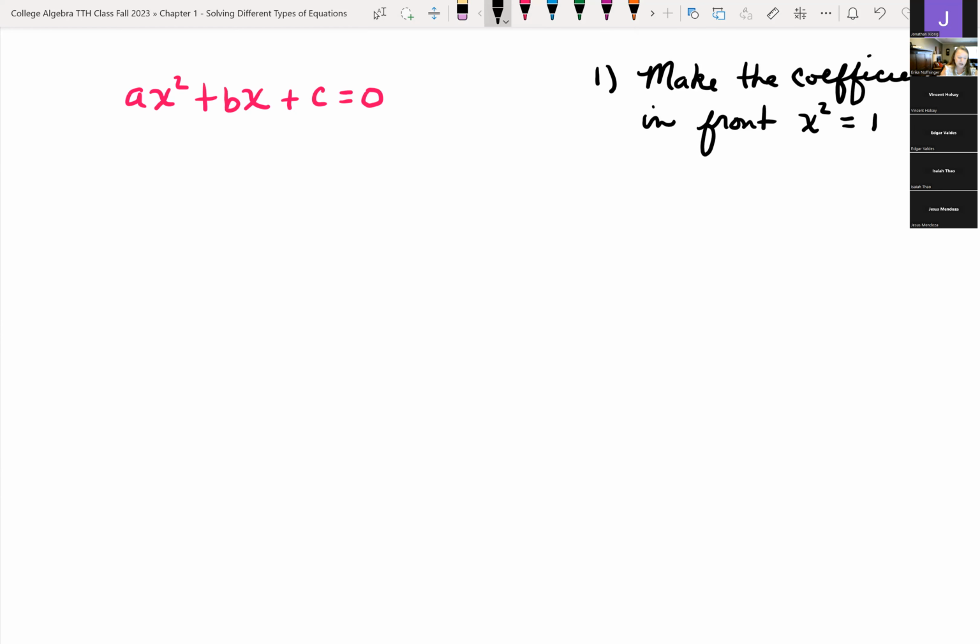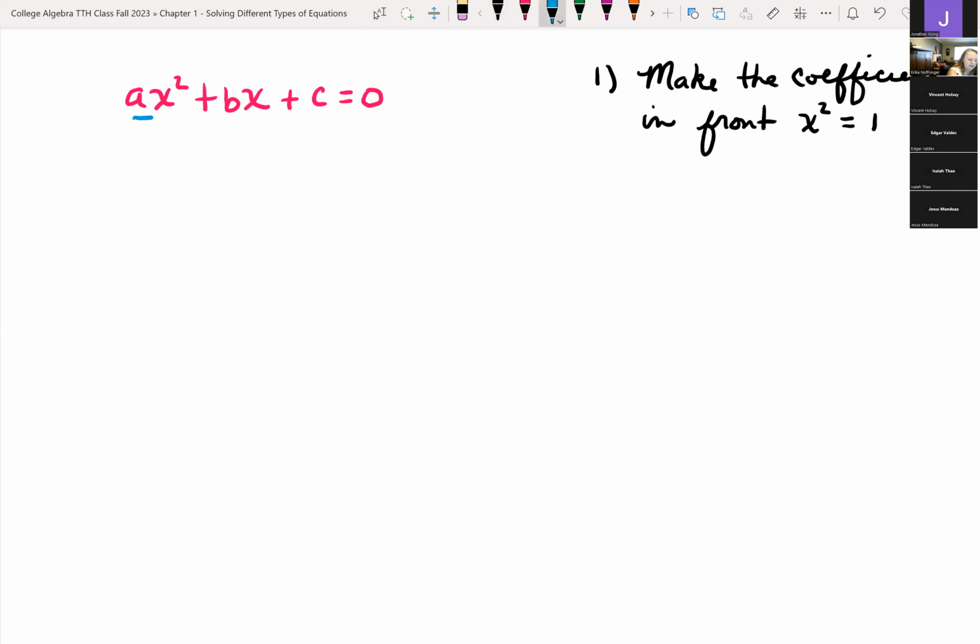Since this is an arbitrary quadratic equation, we don't know if a is 1 or not. One way that we can make that 1 is we can factor a out of all those terms, or another way to do it is divide every single term on both sides of the equation by a. So let's do that.